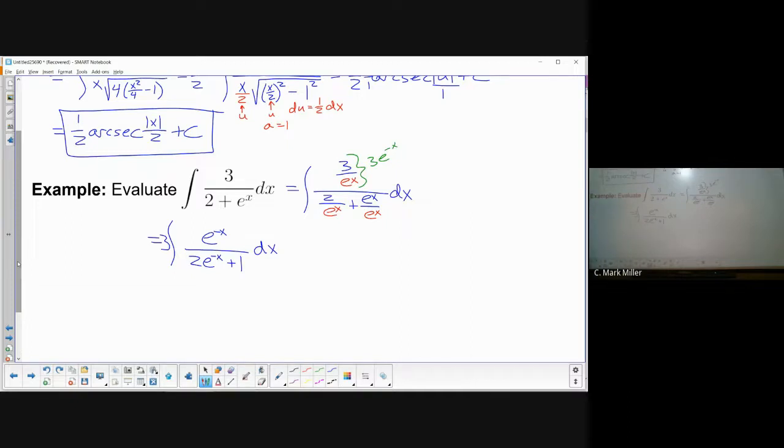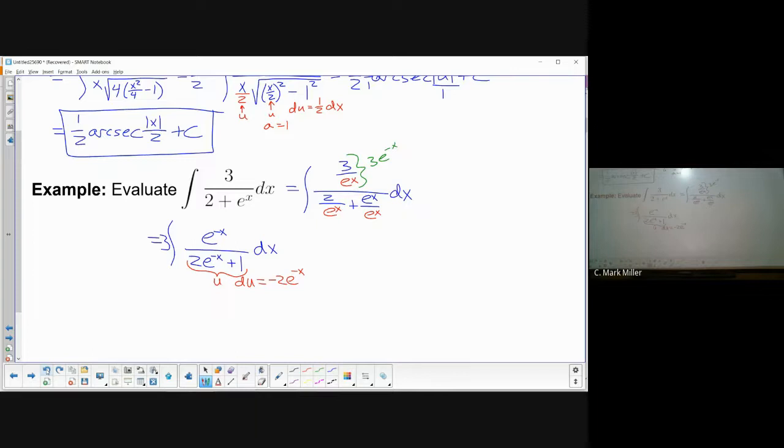Ooh. If I made this u, du would be what? What's the derivative of that? The derivative of 1 is 0. The derivative of 2 e to the x is going to be 2 times e to the minus x, but a minus would come down. So du is going to be minus 2e to the minus x.